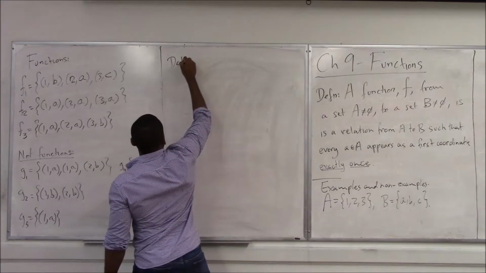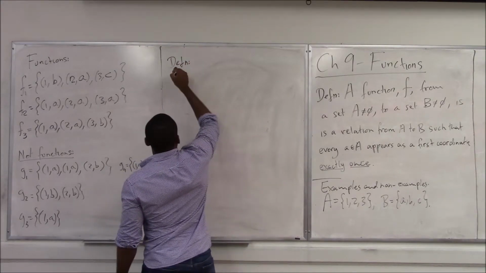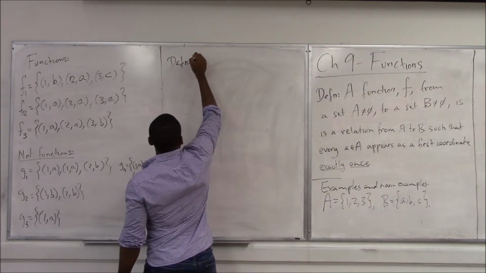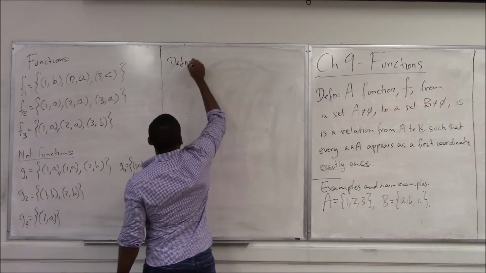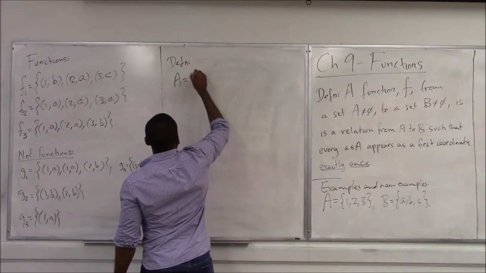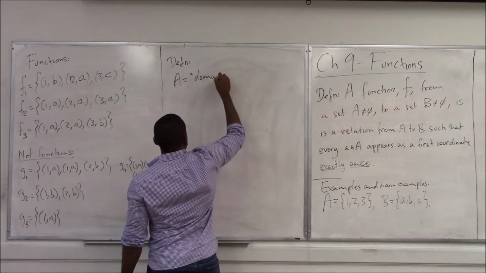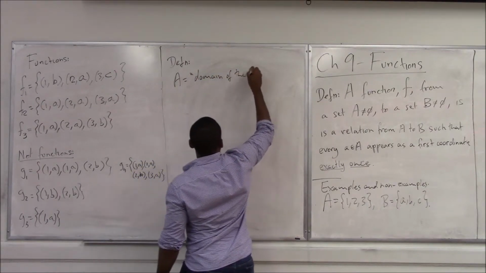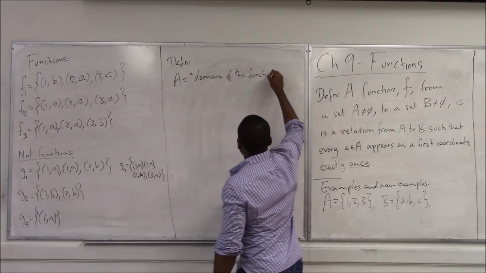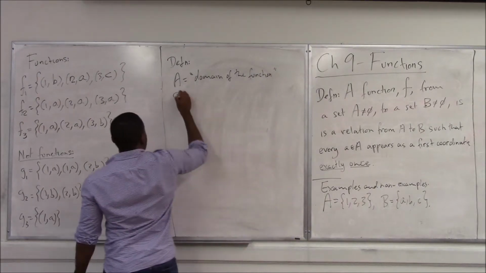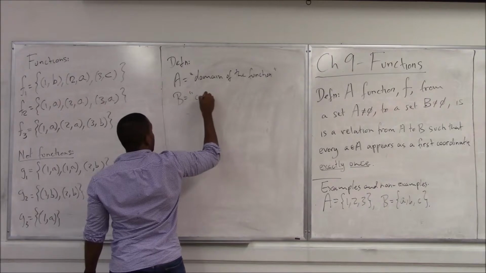Some more definitions. A is called the domain of the function. B is called the codomain of the function.